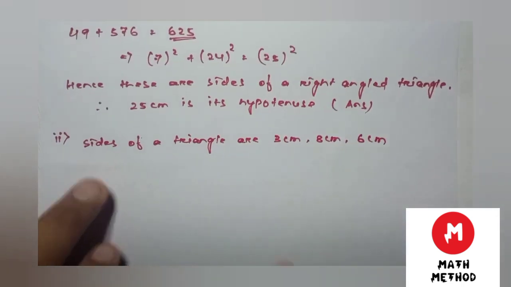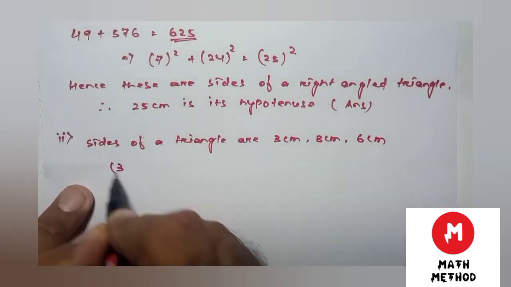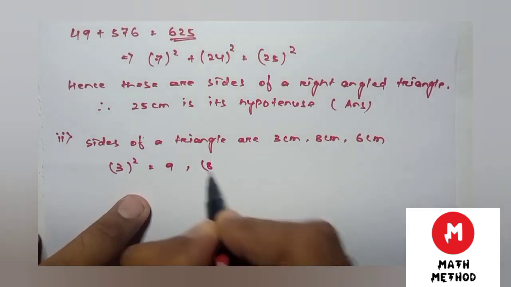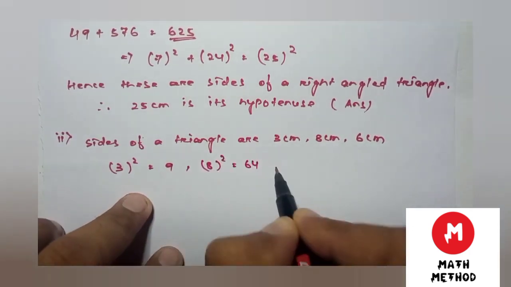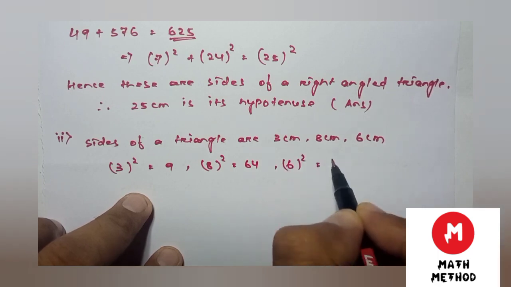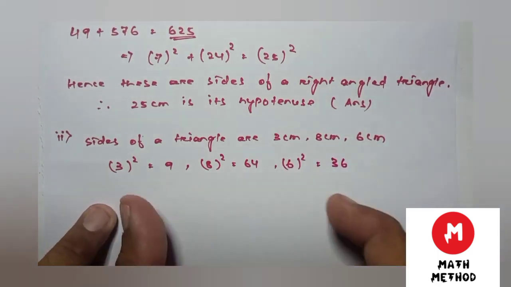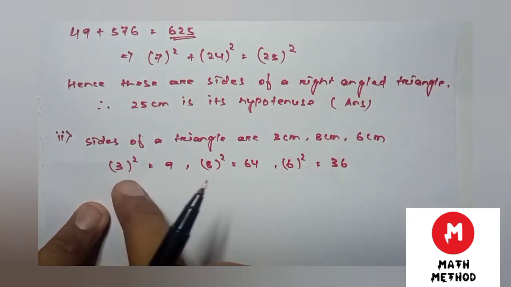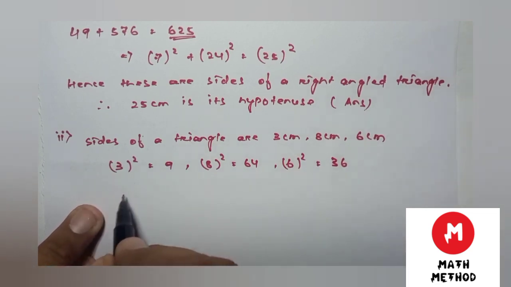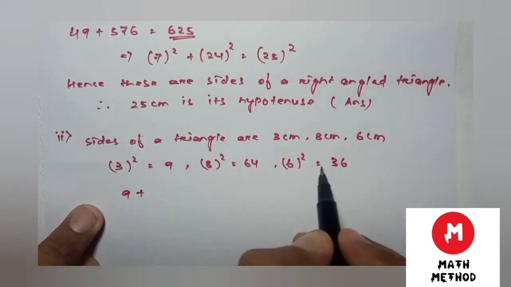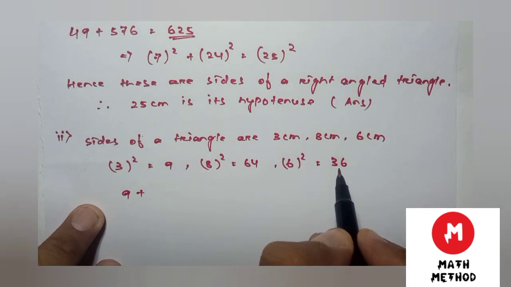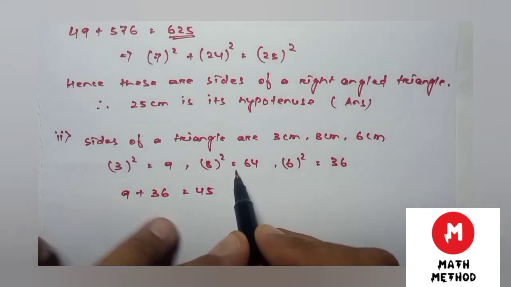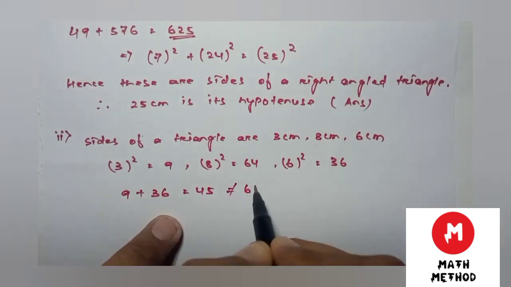Similarly, by squaring all three sides, we will get 3 square is equal to 9, 8 square is equal to 64 and 6 square is equal to 36. Now add the smallest two sides, that is 3 cm and 6 cm. Therefore 3 square is 9 plus 36, which equals 45, but this is not equal to 64.